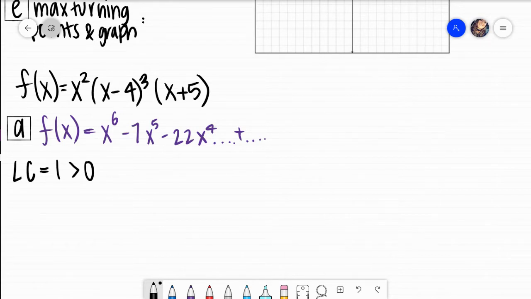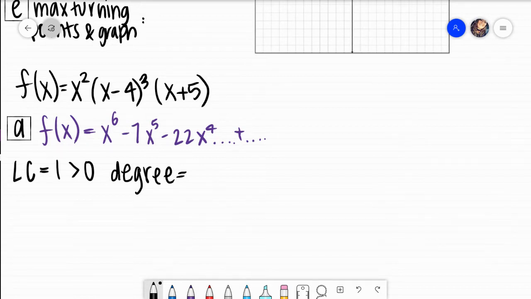And our degree, if I did all the multiplication that was needed for that function, I noticed in my purple font that my leading variable has an exponent of 6. So that would be my degree, right?